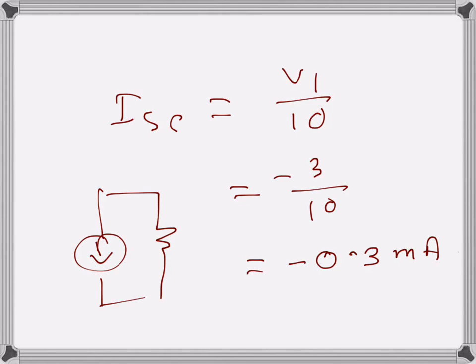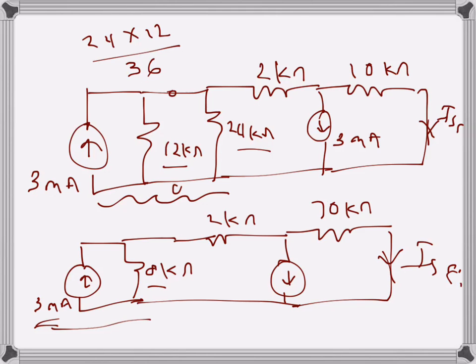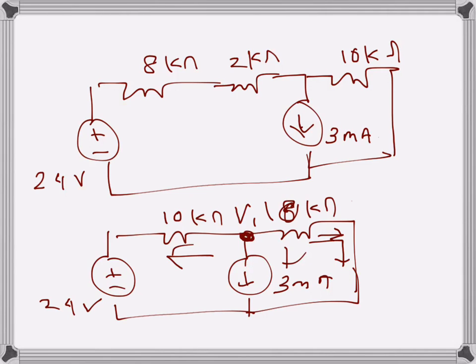Then I will have to find Norton's resistance, which I can actually do now quickly. If I go back to the original circuit, I can do it from there, or from any point, maybe this one, because it's the same circuit.